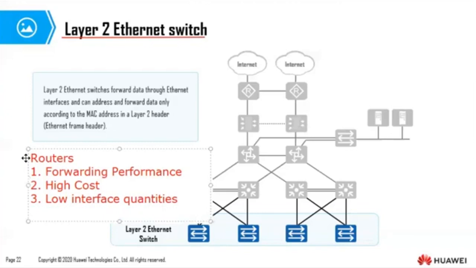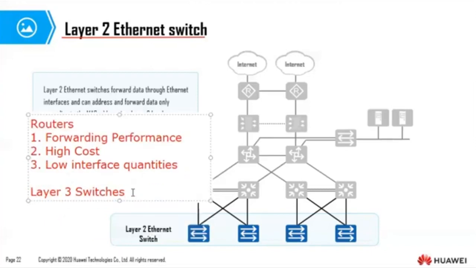So for this reason, for the aggregation layer and core layer, sometimes we use layer 3 switches. Right now, we won't really go deep into explaining what forwarding performance is, but just know that the method that switches use to forward data is quite faster compared to routers.